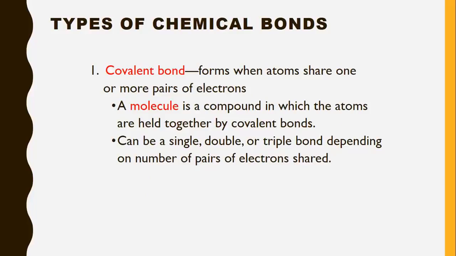Our first type of bond is called a covalent bond, and it's formed when an atom shares 1 or more electrons. Covalent bonds can actually only occur between non-polar elements. A molecule is just a compound in which the atoms are held together by covalent bonds.